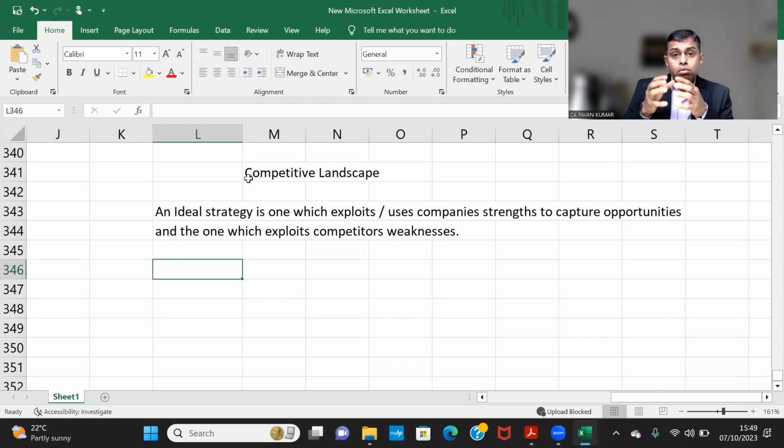That means to encash the opportunity, you should use your strength and exploit competitor weakness. Is it right? This is called the best strategy, isn't it?